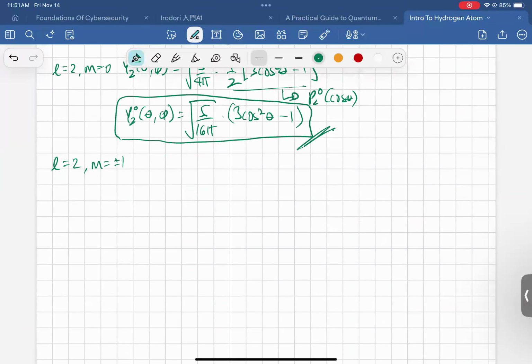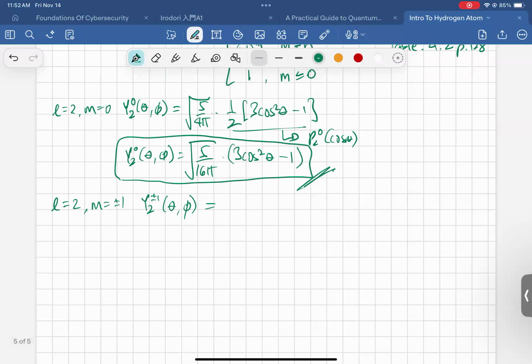So in this case, pag m is greater than 0, then magkakaroon tayo ng epsilon na negative, right? So y2, plus or minus 1 of theta and phi.